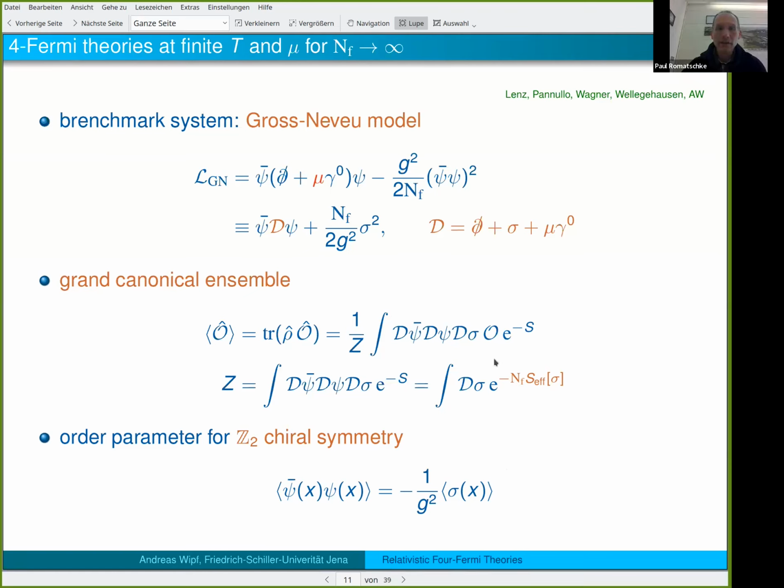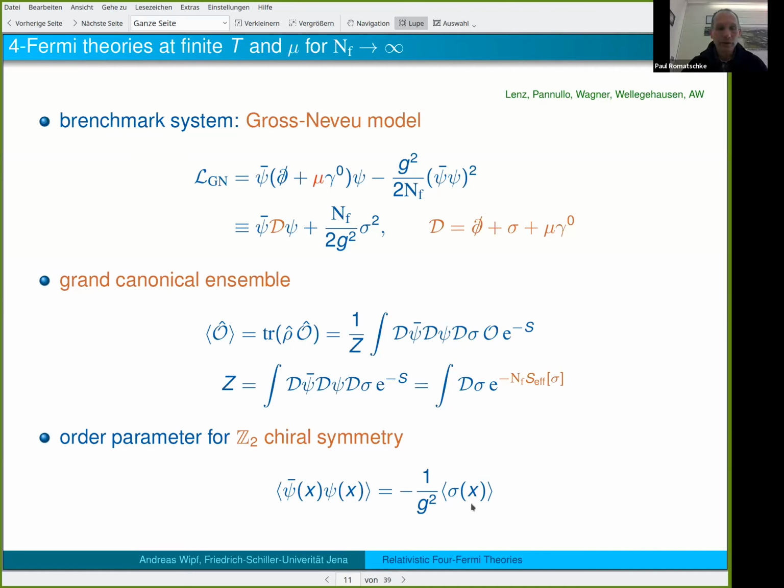Yeah, sure. From the notation, it's not clear to me whether, so you have the expectation value of psi bar of x and psi of x. Usually I would interpret this as a correlator that has no x dependence because they are evaluated at the same point x, but you have an x on the right-hand side. Is that intentional? You mean on the last line? Yes. Well, first of all, the sigma a priori could depend on x, right?